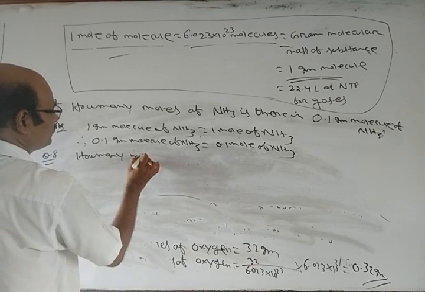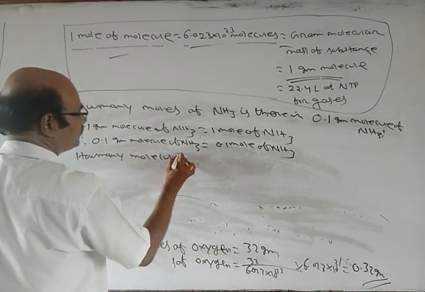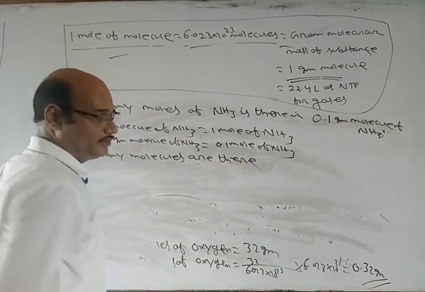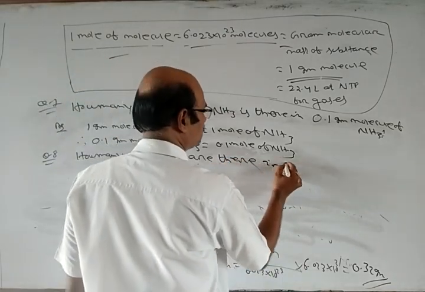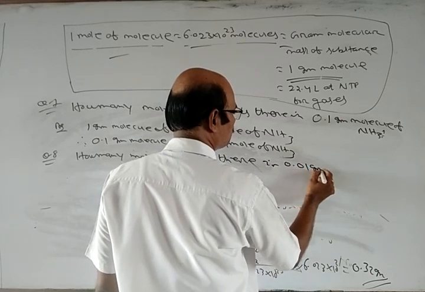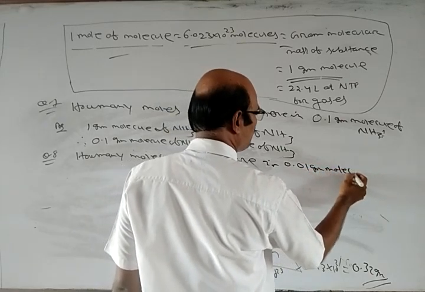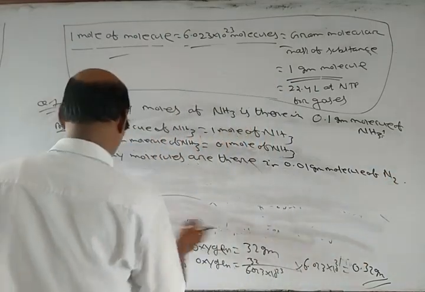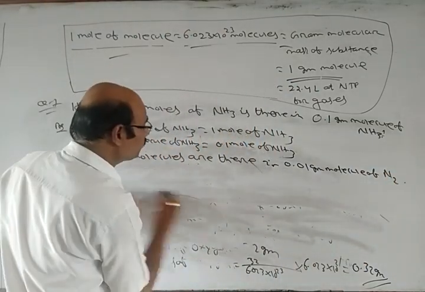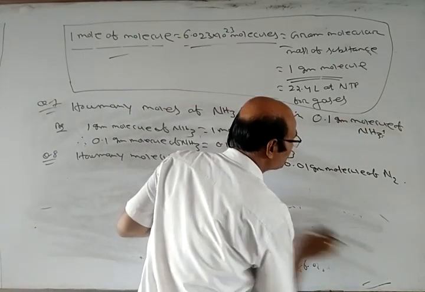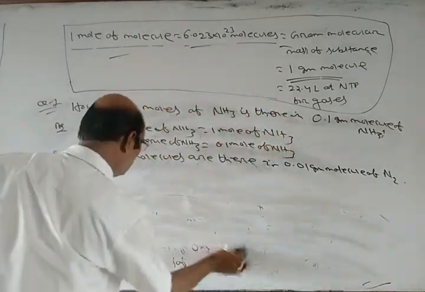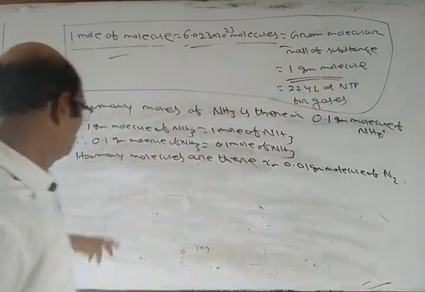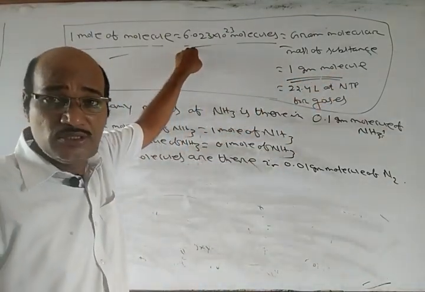For example, number 8. How many molecules are there in 0.01 gram molecule of nitrogen? We know 1 gram molecule of nitrogen is equal to 6.023 into 10 power 23 molecules.